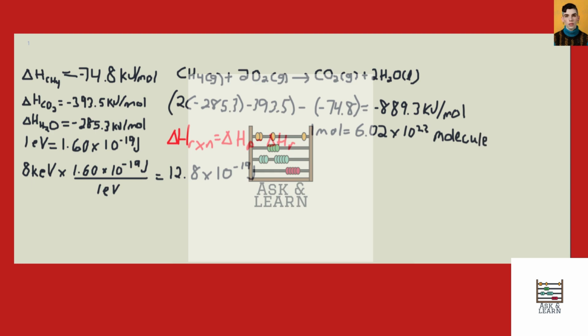So now we're going to divide both sides by 6.02 times 10 to the 23rd. So 1 molecule is equal to 1.66 times 10 to the negative 24 moles.